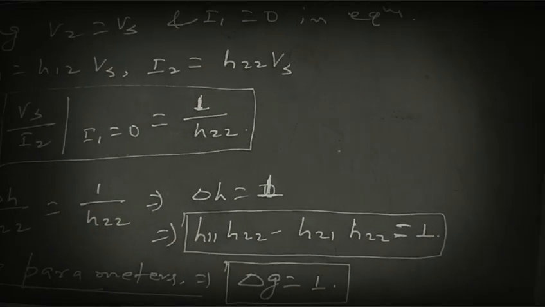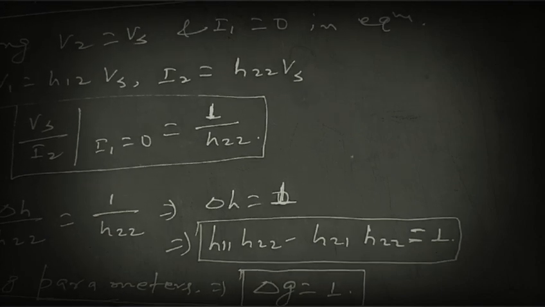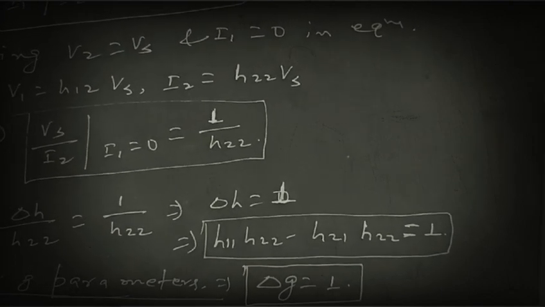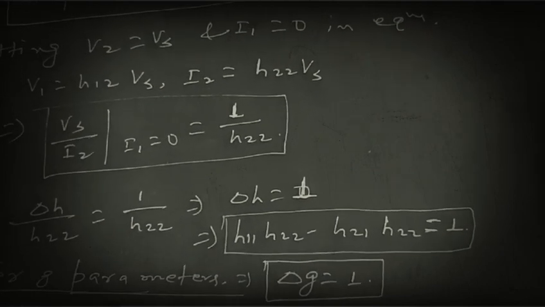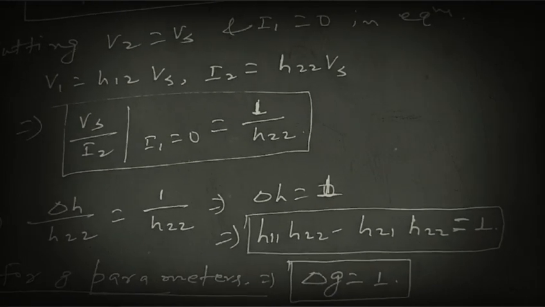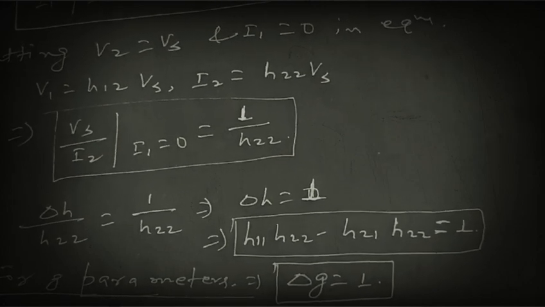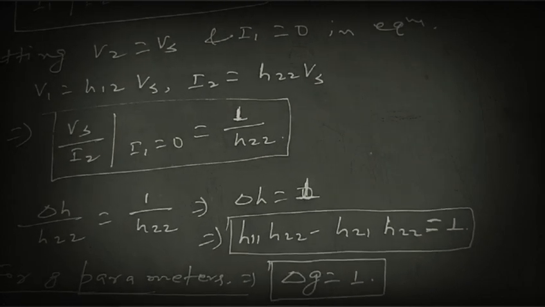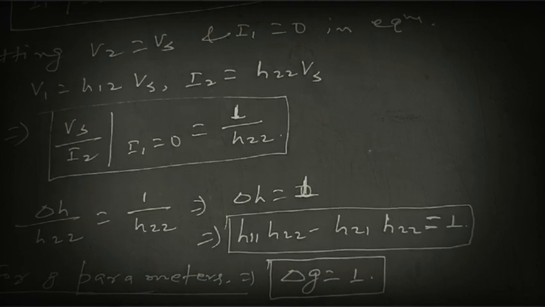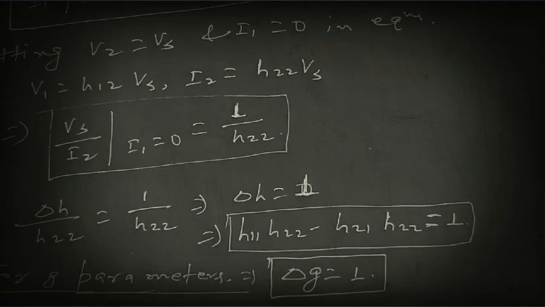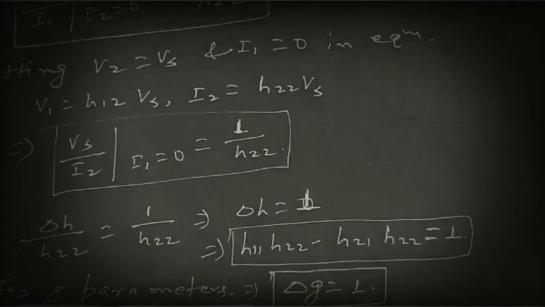The meaning of del H equal to 1 is H11 into H22 minus H12 into H21 equal to 1. Again when we calculate for G parameters, we will get the same condition, that is del G equal to 1. But in the case of reciprocity, you saw that H12 was equal to minus H21 and G12 is equal to minus G21.